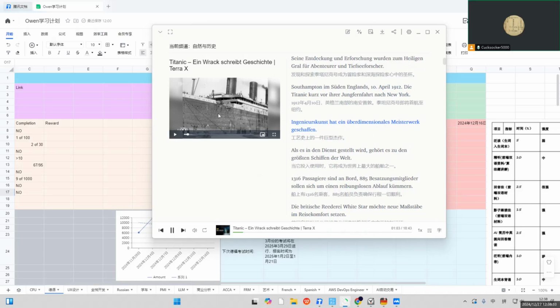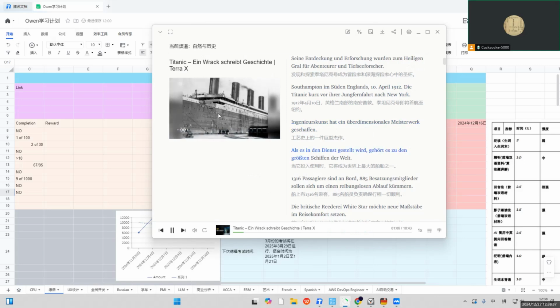All right, so next sentence. Als es in den Dienst gestellt wird, gehört es zu den größten Schiffen der Welt. I heard belong to, but I didn't understand what goes after belong to. Ja, in den Dienst gestellt wird.